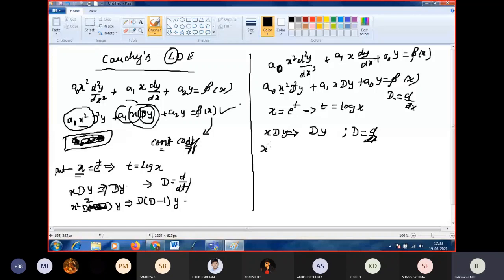Then x square into d square y will reduce to D into D minus 1 into y, where D is d by dt. Suppose you have x cube into d cube y, you will get D into D minus 1 into D minus 2 into y.